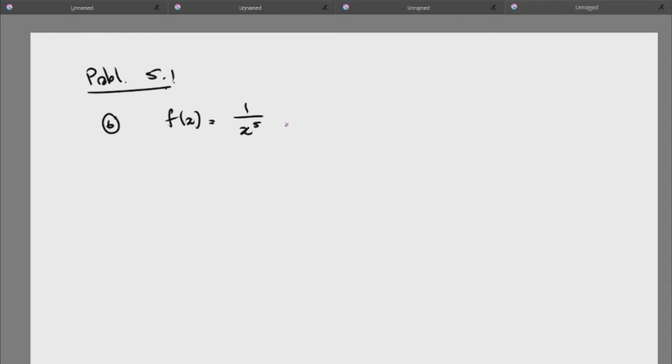That doesn't look better, but that's going to be the 5. I'm not going to look at it this way. I recognize that it's the power rule, so I'm going to write this as a power of x and negative 5 in this case. Then I can just use the power rule. The negative 5 goes in front. The new power of x is negative 5 minus 1. And I'm done.